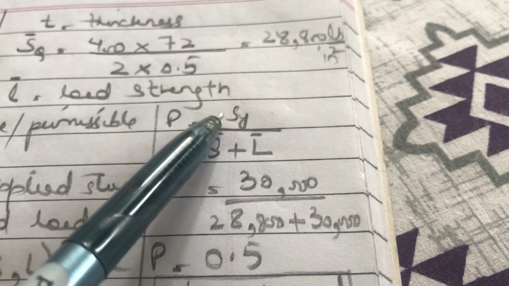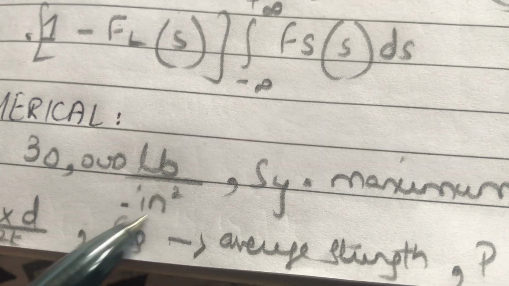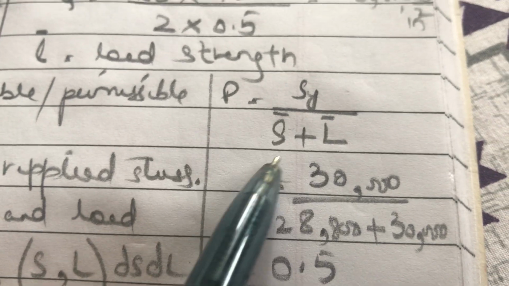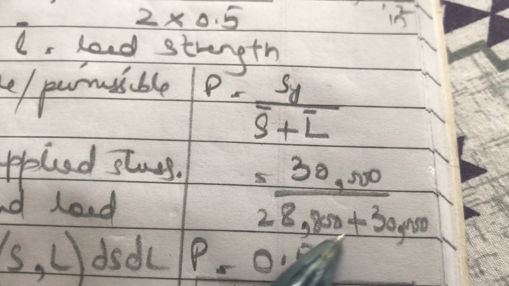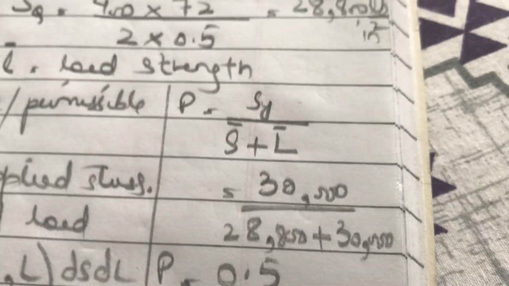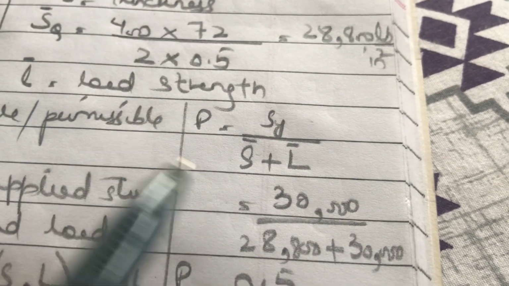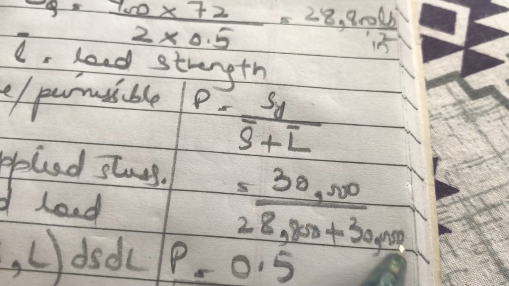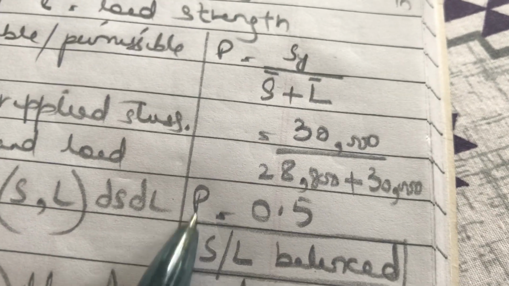Sy is 30,000 lb over inches square, in the place of S, the average strength, we put 28,800, plus 30,000, which is our load strength, since the load strength is also given as 30,000. When we do the addition and then divide, we get the probability as 0.5.